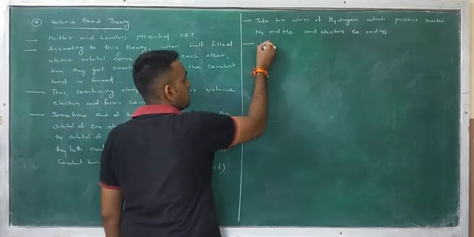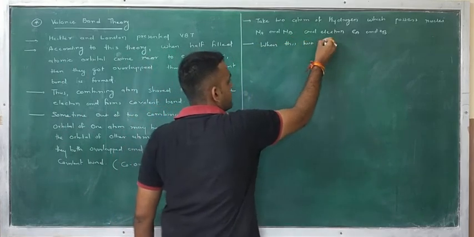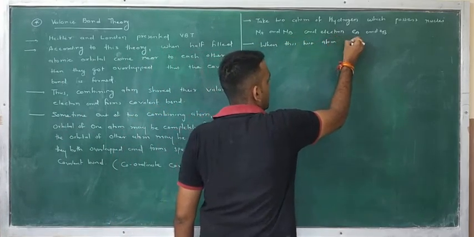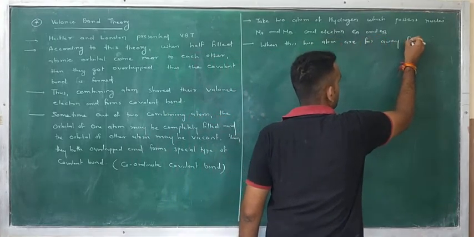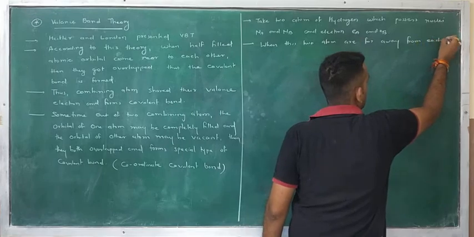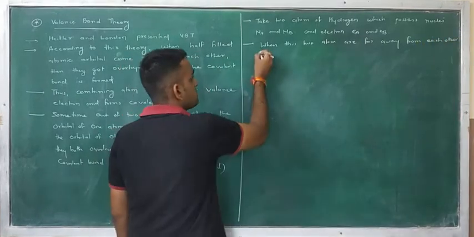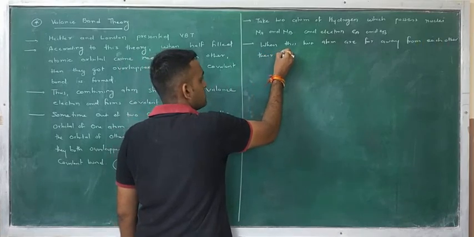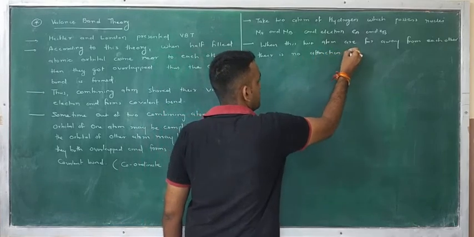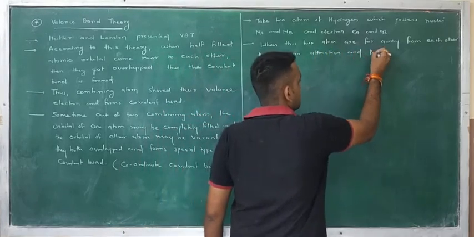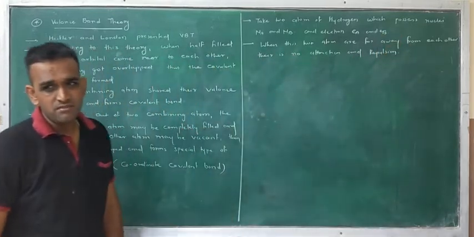When these two atoms are far away from each other, there is no attraction and repulsion between nucleus and electron, right?